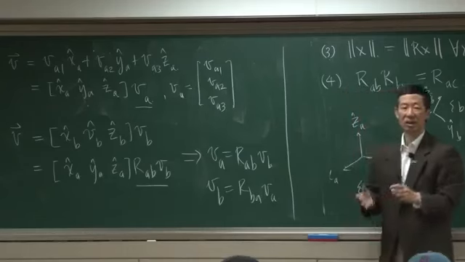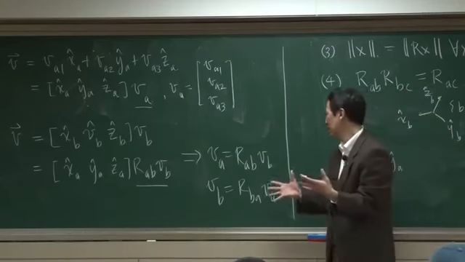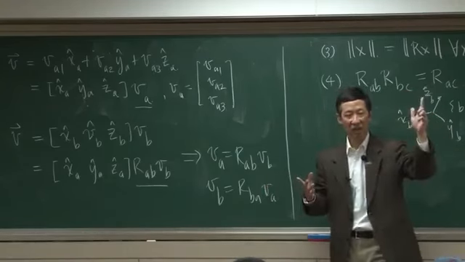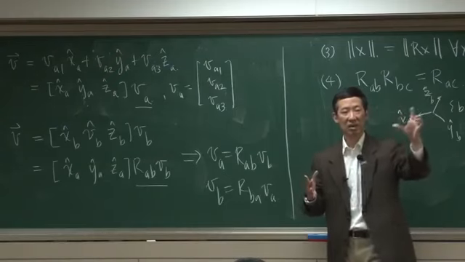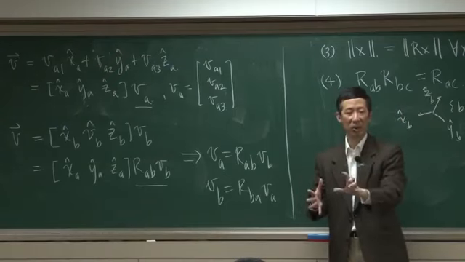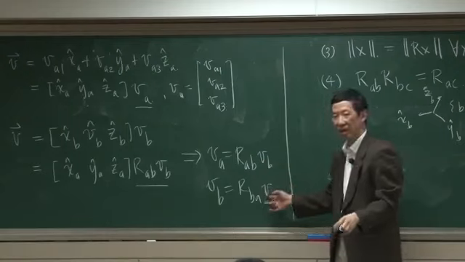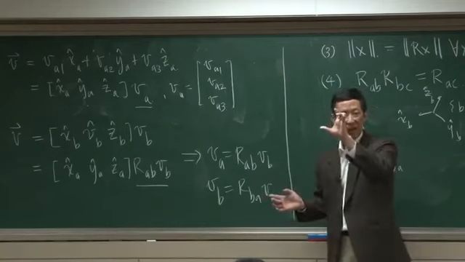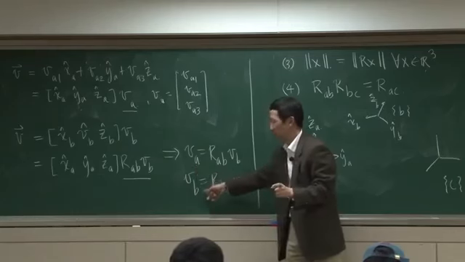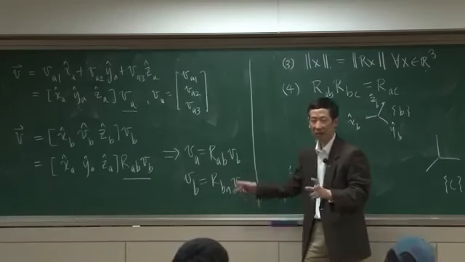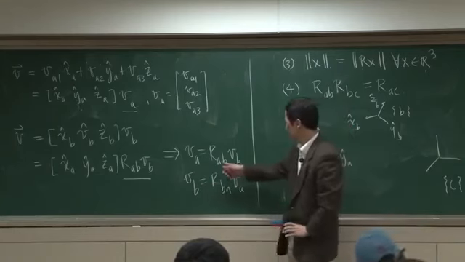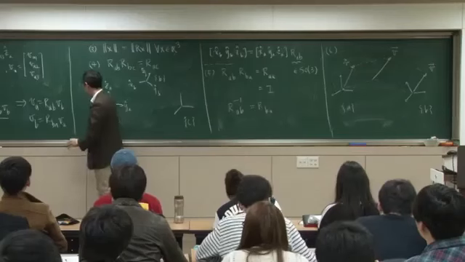So physically, what does this mean? If we have some vector V, we describe the vector in A-frame coordinates, call it V sub A. The same vector V described in B-frame coordinates, call it V sub B. And V sub A and V sub B are related by these equations. So the rotation matrix occurs here too.